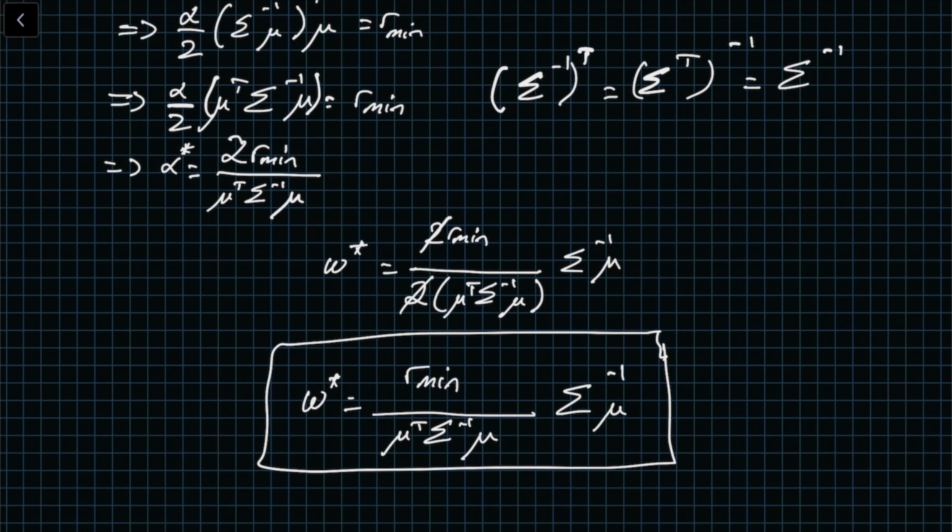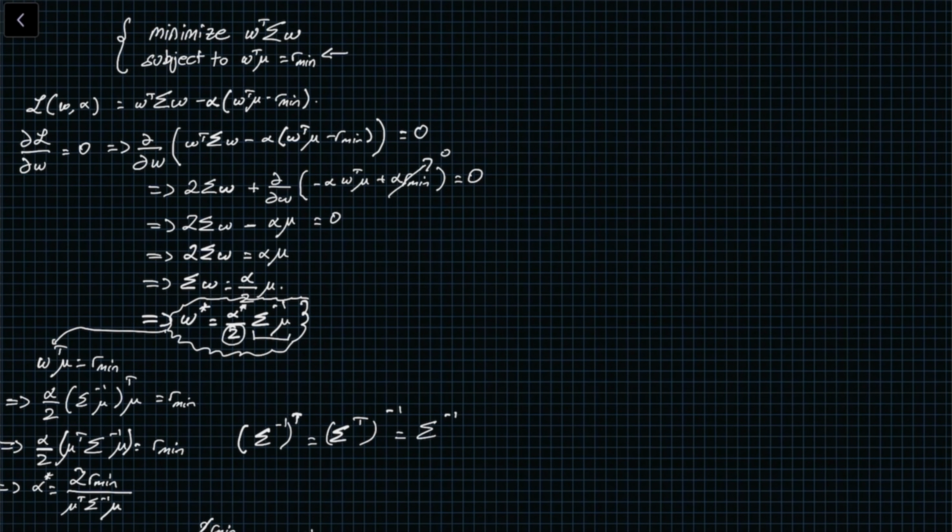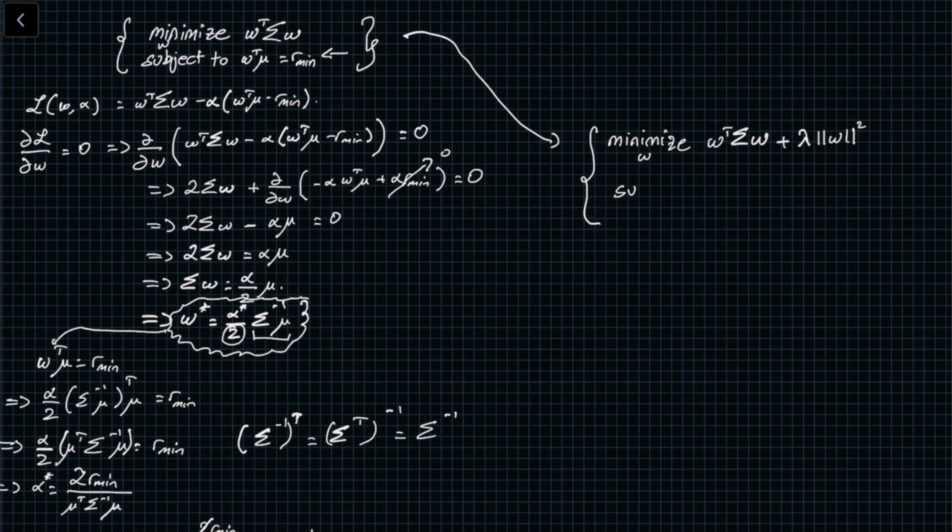So what these guys propose is: we're going to take the same problem that Markowitz addressed, the mean variance problem. But instead of minimizing as is, we're going to add a term that is a quadratic penalty. That is, we add a scalar multiple of the L2 norm of the weight vector. And we're going to minimize over the weight vector as Markowitz did, with the same constraint, the minimum return constraint.